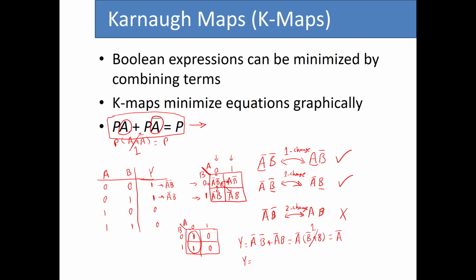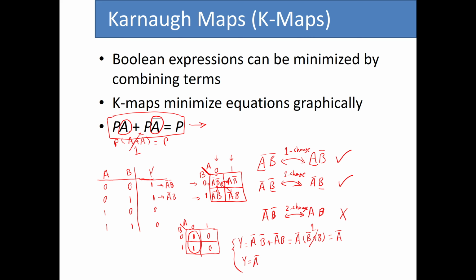So since a is fixed, we have it in the final function. Since it's 0, we use it as its complement, but b has both 0 and 1. So that means that we don't have to include it in the function. So this is how we can go from the truth table to Karnaugh map to the final Boolean equation without doing the intermediate steps, right?